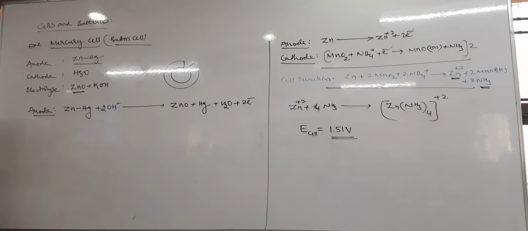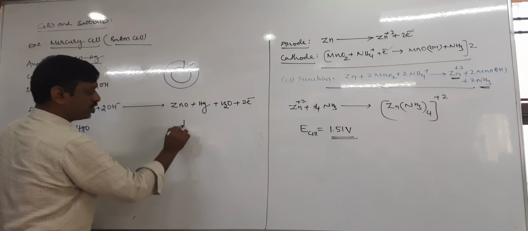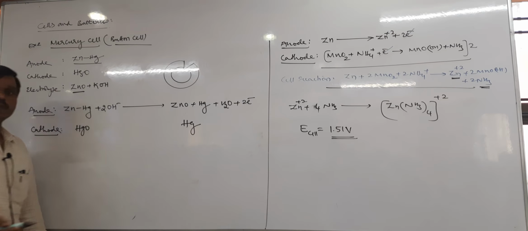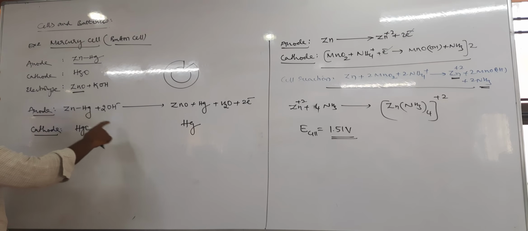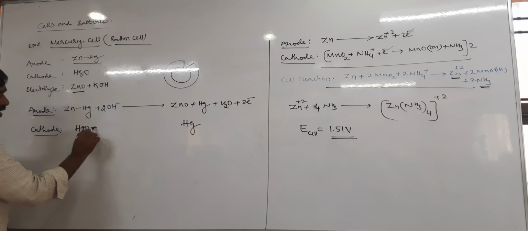Next, what is the reaction at the cathode? Here reduction takes place. The cathode is mercuric oxide, HgO, which converts into Hg. Mercury is deposited. It is a gain of electrons.